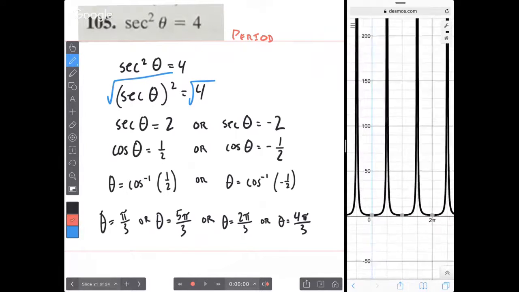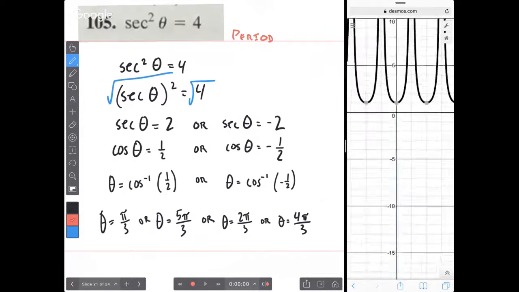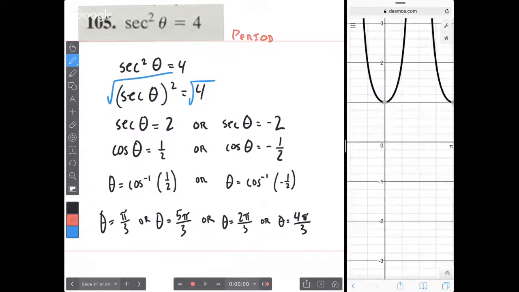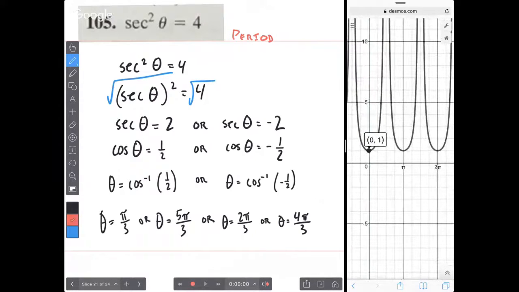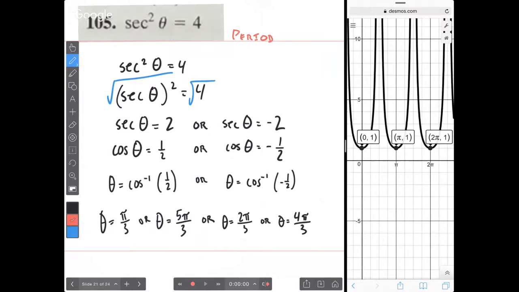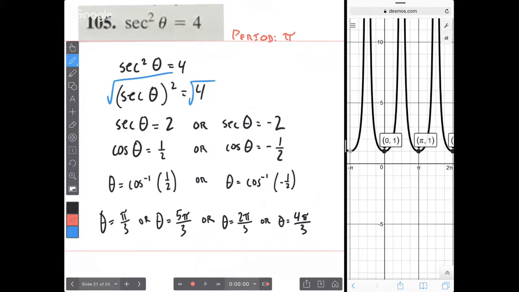It doesn't go down. It has a range only greater than or equal to 1, because squared values are always positive. When you square a negative, it becomes positive. And it has a period of pi. So this graph has a period of pi. And we were interested in when it equaled 4.